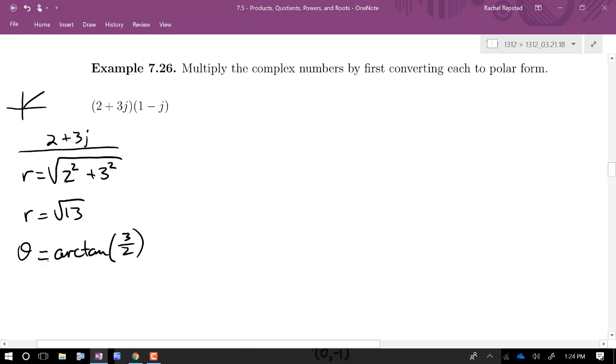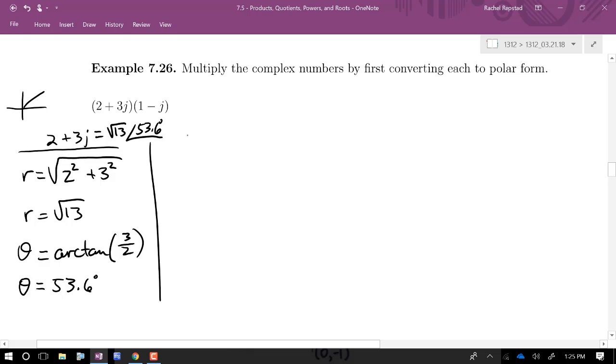And it's first quadrant, so we don't have to make any adjustments to this. That's 56.3 degrees if we're in degree mode. It is perfectly acceptable to work through the whole thing in radian mode and just have your direction in radians. So that means that 2 plus 3j is equal to root 13 at an angle of 56.3 degrees.